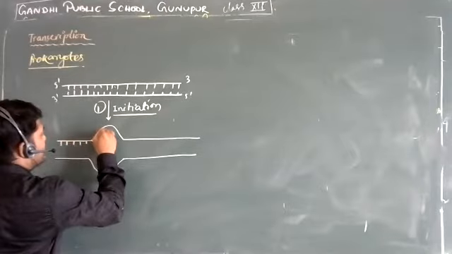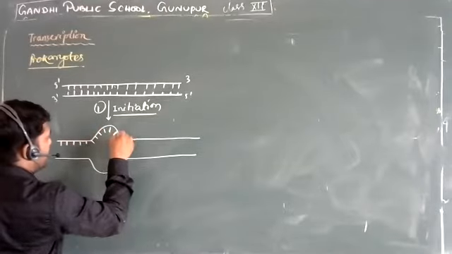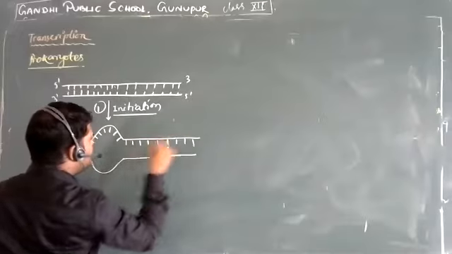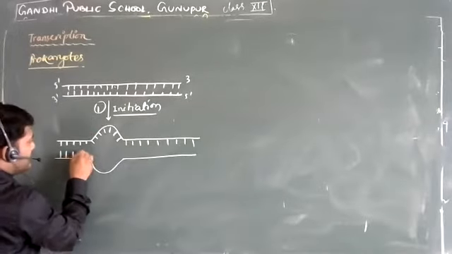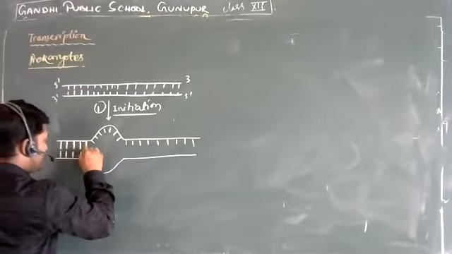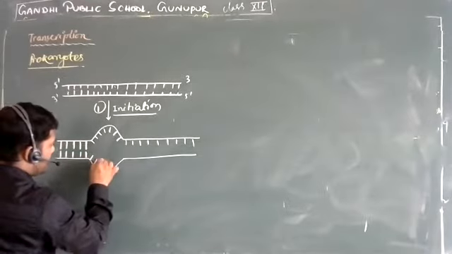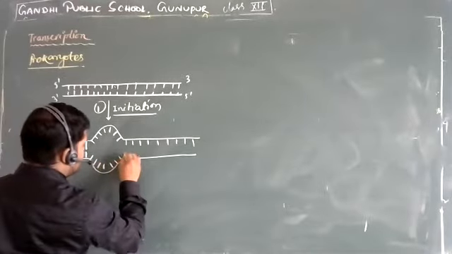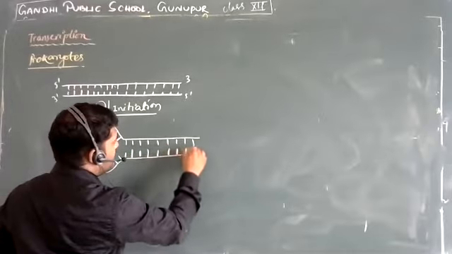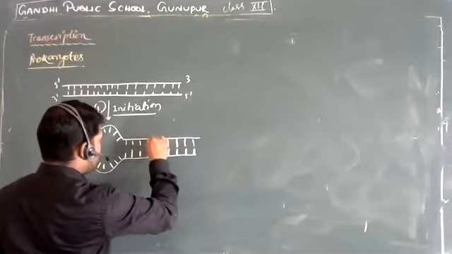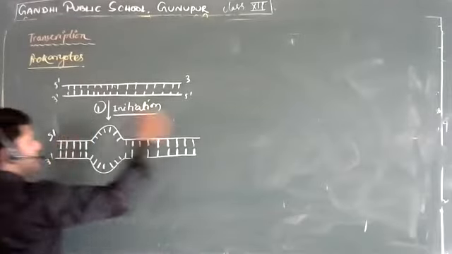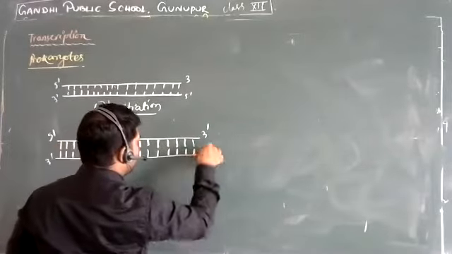Now this transcription bubble that has formed, here the DNA strands which are present, all of these are going to be connected. They are not separated yet. Just a diagram: 5 prime, 3 prime, 5 prime, and this is going to be 3 prime, 5 prime.